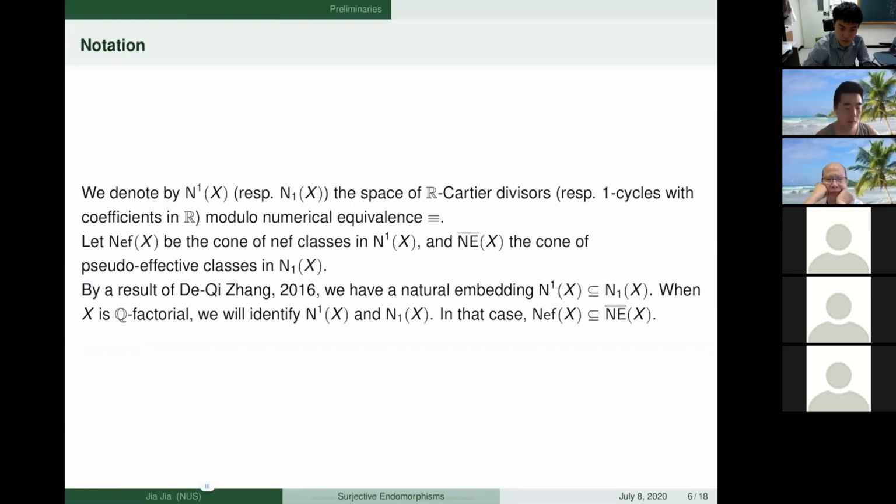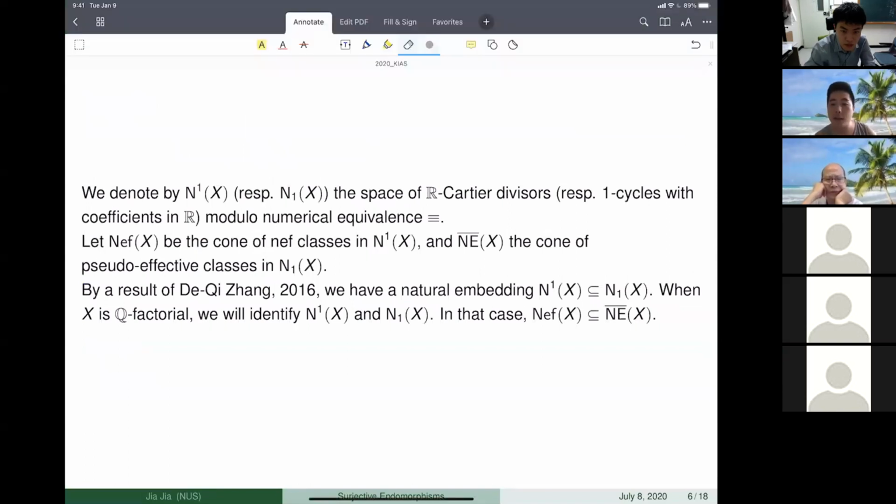And so we fix some notation. We denote N^1(X), the space of Cartier divisors modulo numerical equivalence, and N_1(X) is the space of one-cycles with coefficients in R modulo numerical equivalence.